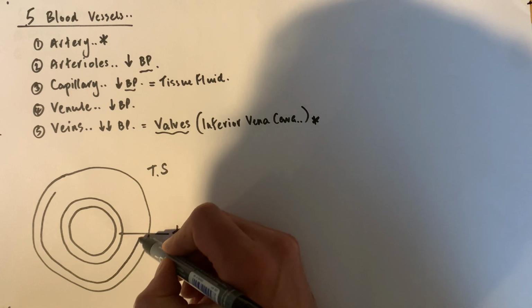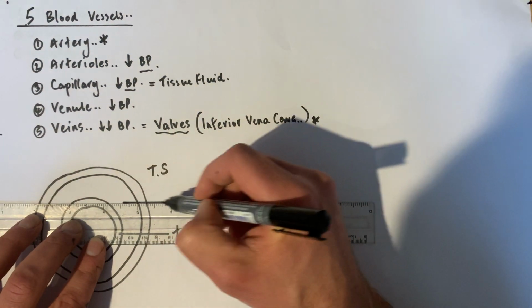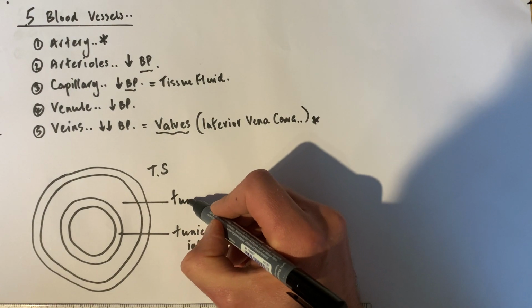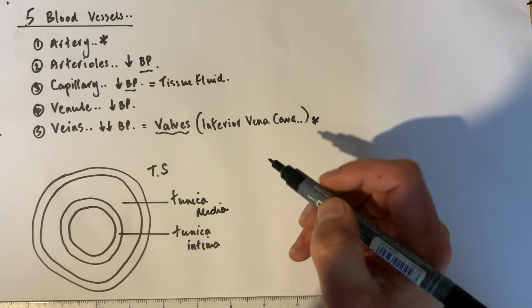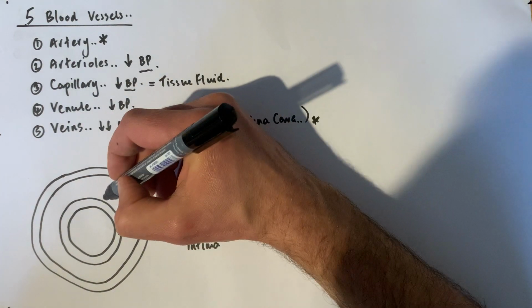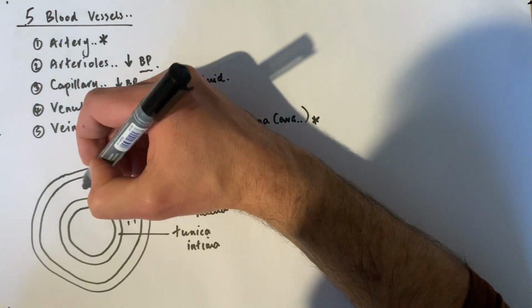So the layer in the middle here is the tunica media. Now within this layer you would find smooth muscle and the elastic fibres.